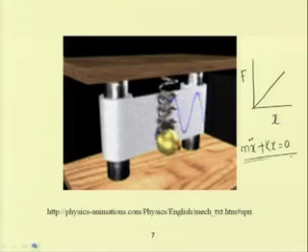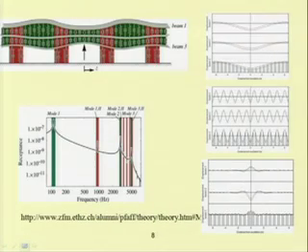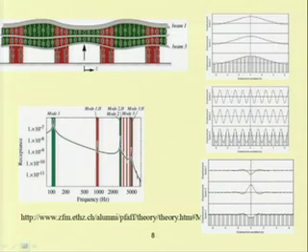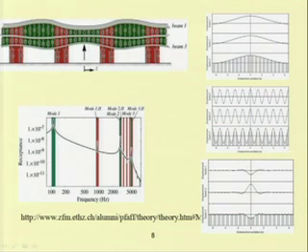Similarly, we have studied other different types of systems also. Here this is a bridge system, which can be modeled as a beam with many spring and damper systems in between. One can have different layers of the beam.